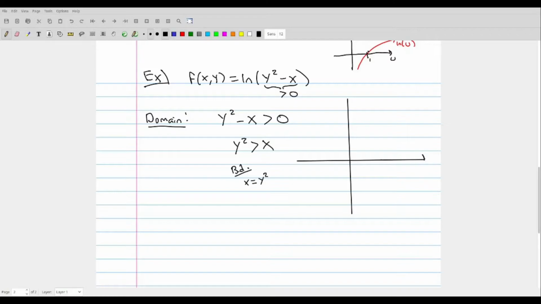Okay, so this is the x-axis here, and this is the y-axis. So when we draw out this curve, x equals y squared, we have to do it with a dotted line.